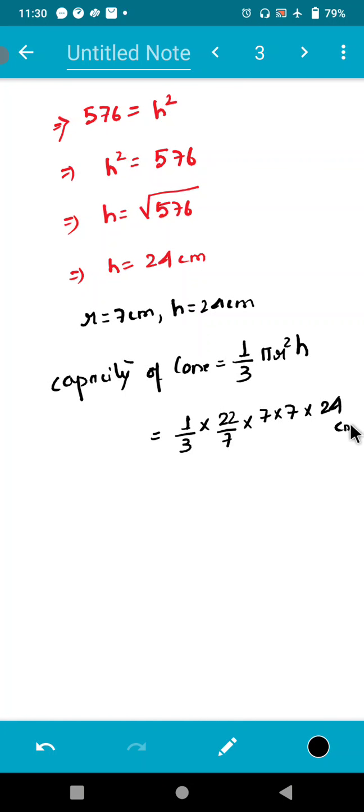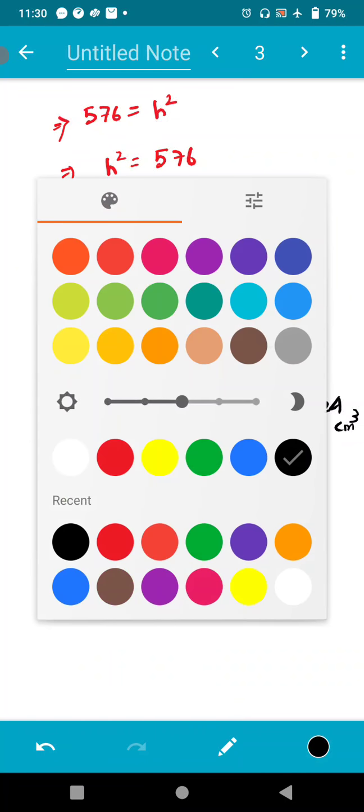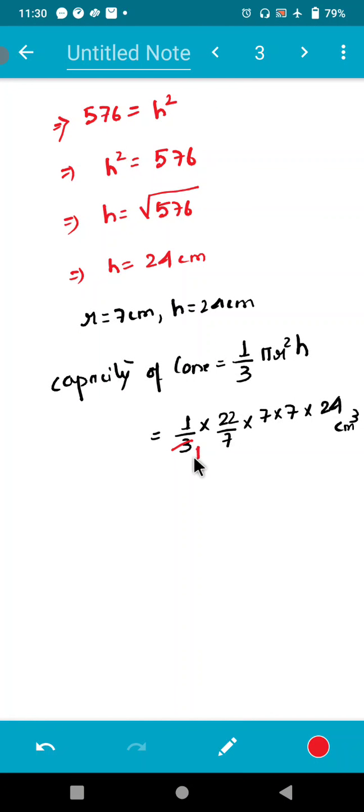This is centimeter cube. Now let's reduce the values. 3 1s are 3, 3 8s are 24, 7 1s are 7, 7 1s are 7. So if you multiply 22 into 7 into 8, you will get the answer as 1232 centimeter cube.